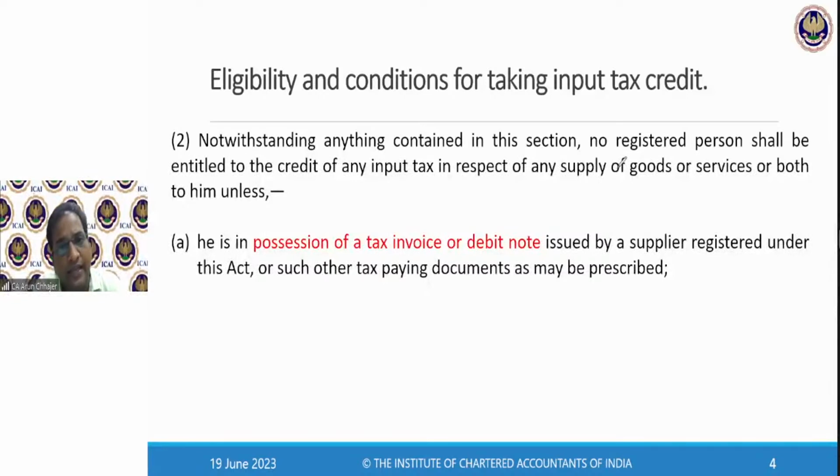Let's say Mr. X has wrongly reported one transaction in the name of B, using the GST number of Mr. B. Because it is reported in the GSTR1, it will appear in the GSTR2B of the recipient, as it is a system. Suppose the supplier has wrongly reported the GST number of Mr. B and filed the GSTR1 by the due date.